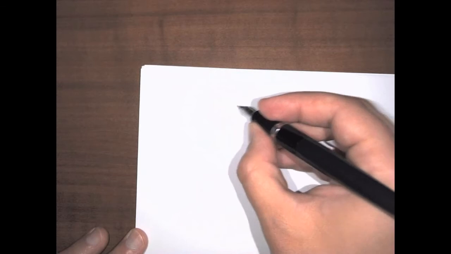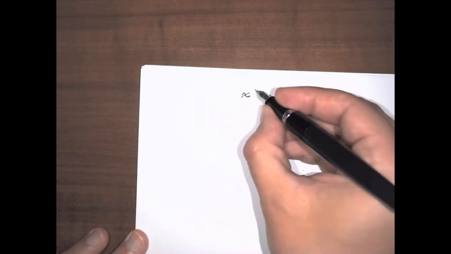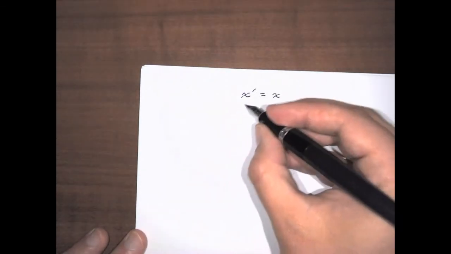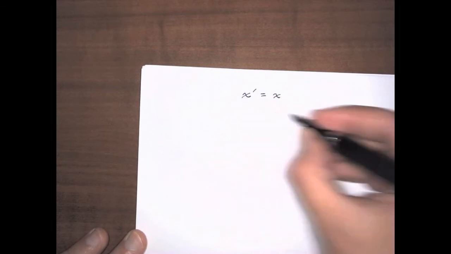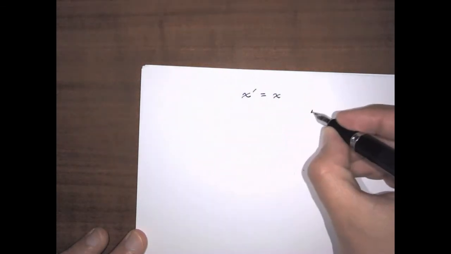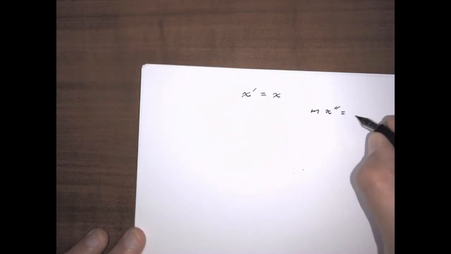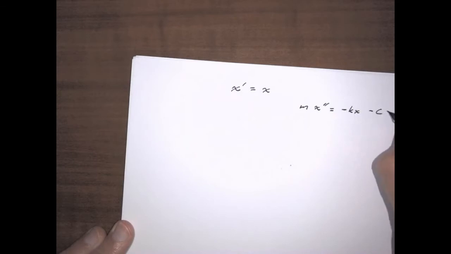So x will equal x, y will equal x prime, and so x prime just equals y, as we've just said, but then m times x double prime is equal to negative kx minus cx prime.